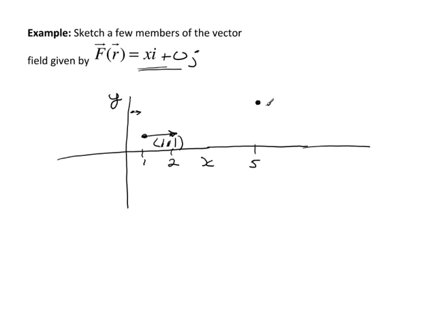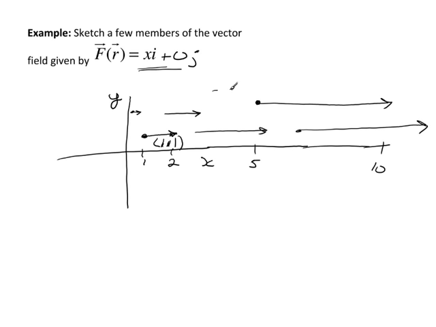So this vector is going to have a length clear out here to 10. So in general, what I can see happening is these vectors are getting huge as I get farther and farther away from the y-axis. So in general, my vector field is going to look something like this.